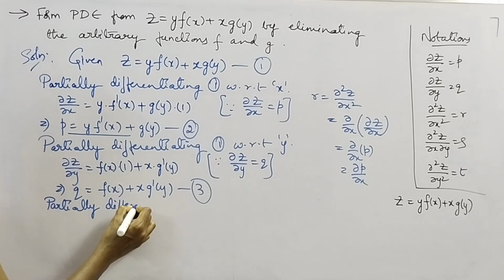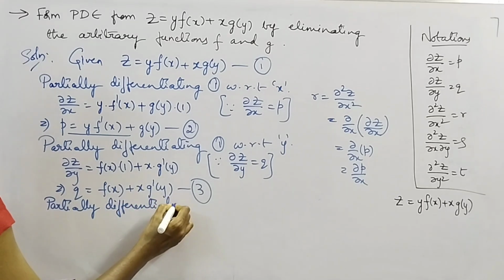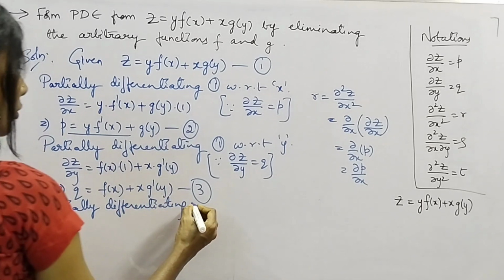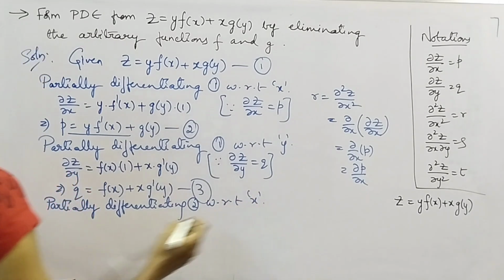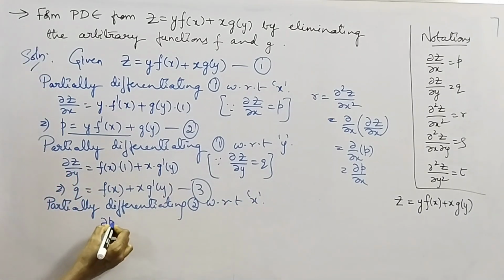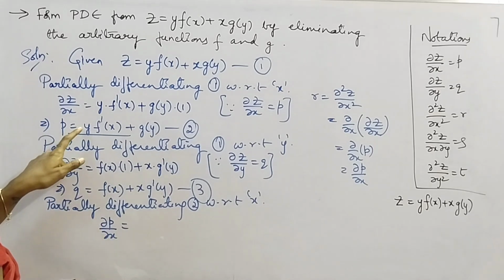Partially differentiating equation 2 with respect to x, we'll get dou p by dou x equal to, since we are partially differentiating with respect to x, we'll treat y as constant.